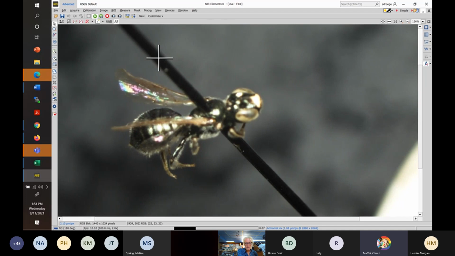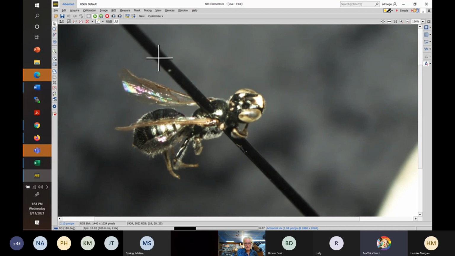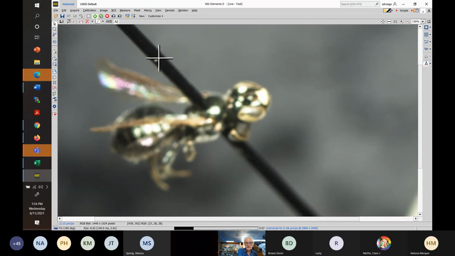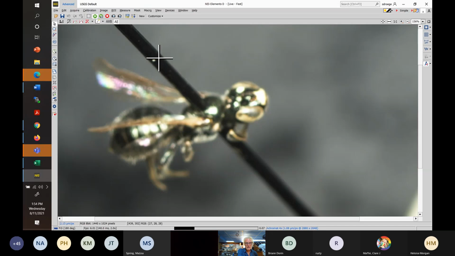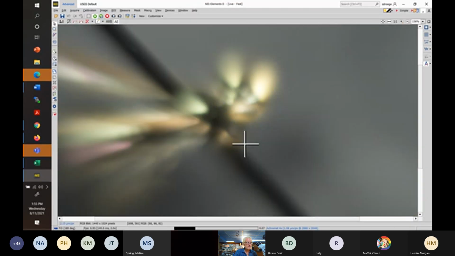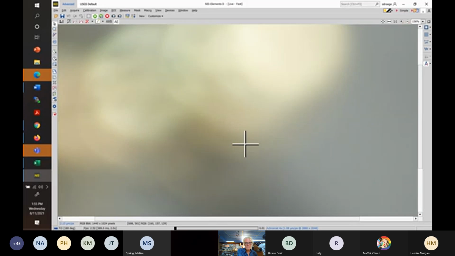Five-ish minute warning. Okay. Smaller, tends towards green. That's not particularly useful. In the male, the other species have some white in the front tibia, but the male in this species has white that goes all the way down. It's a complete white stripe down the entire front tibia.